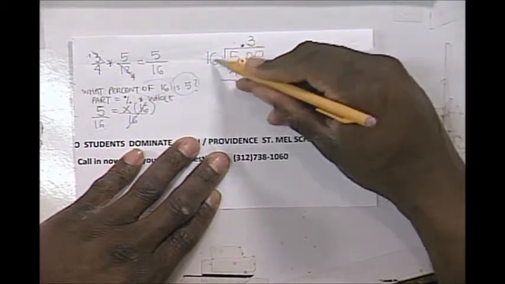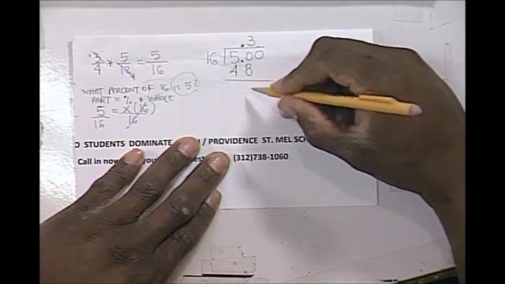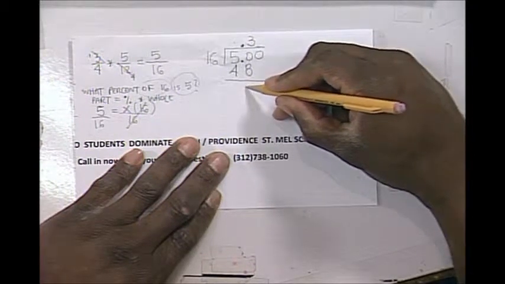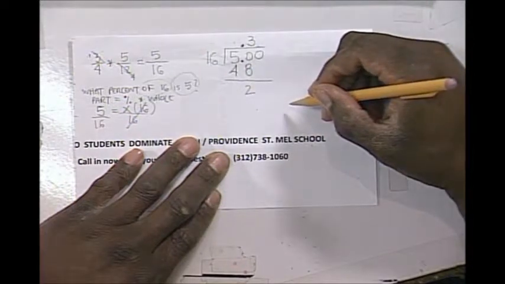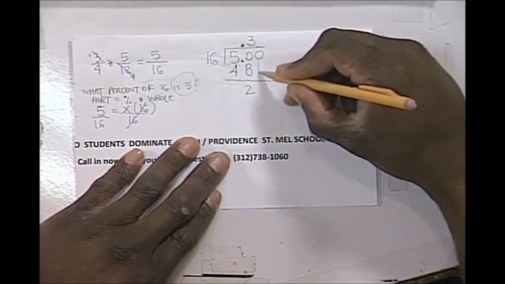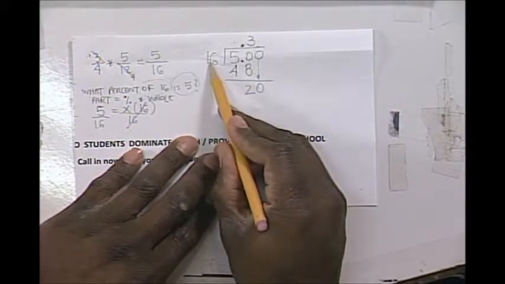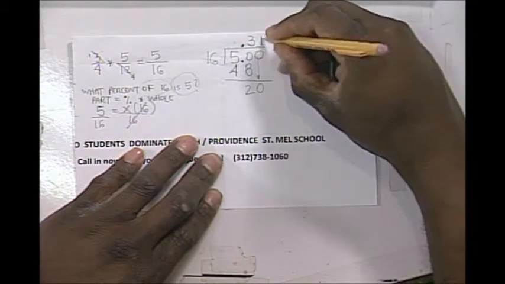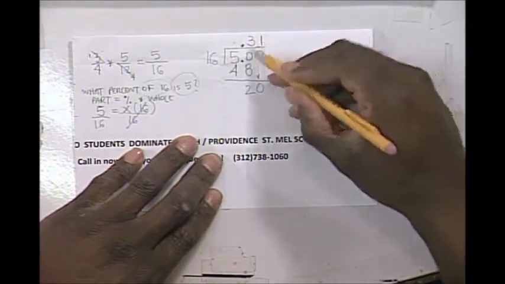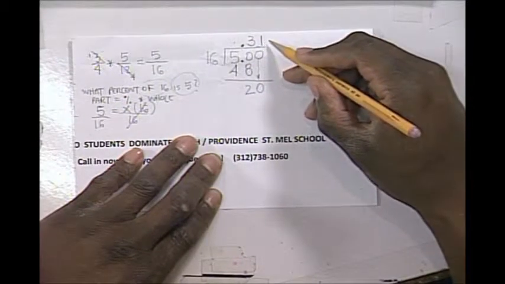So after you multiply, you're going to subtract now. 50 minus 48 is 2. Do you know what's after subtraction? You bring down a 0. Good job. Now you ask yourself, how many times does 16 go into 20? Once. And now you multiply again. 1 times 16.